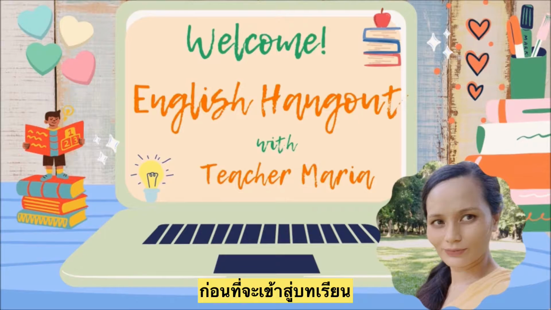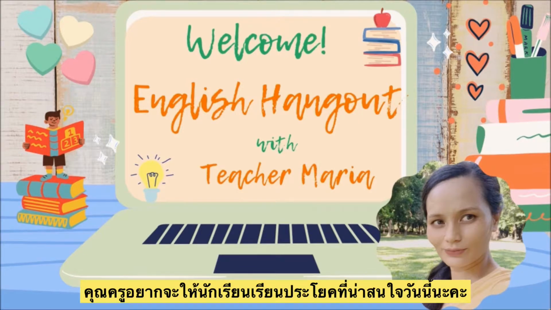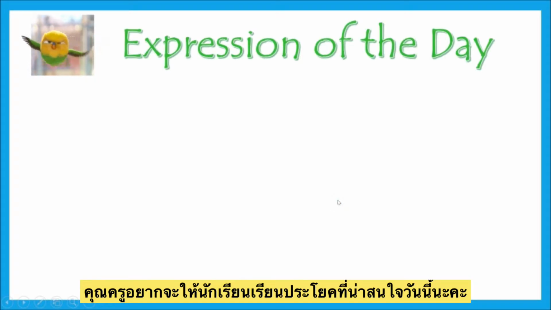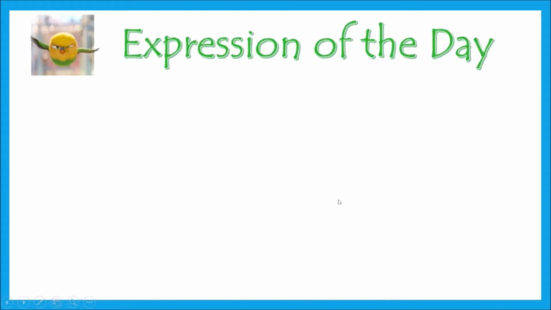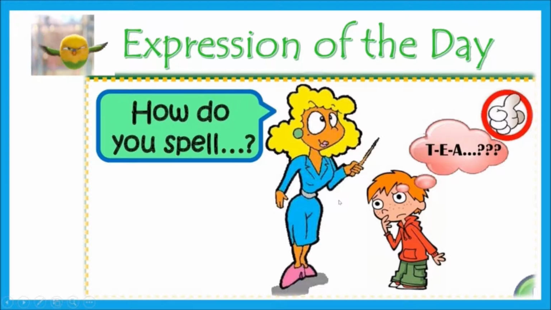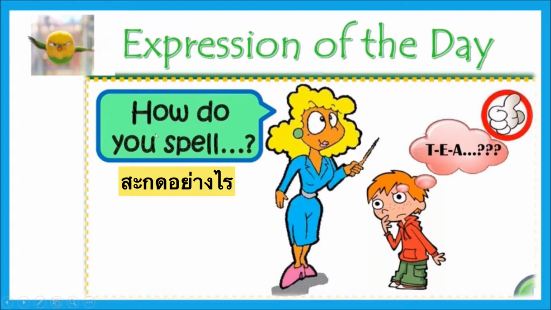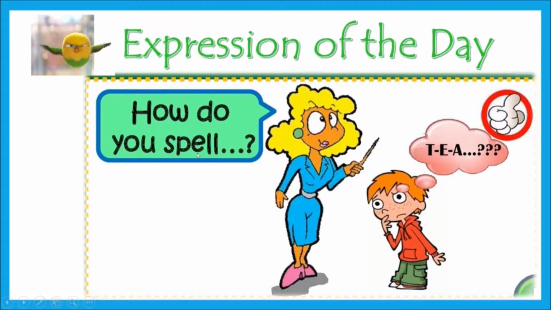Okay, before we start with our lesson, I would like you to learn another expression of the day. For our expression for today, we are going to learn the expression, how do you spell? You use this expression if you don't know how to spell a certain word.